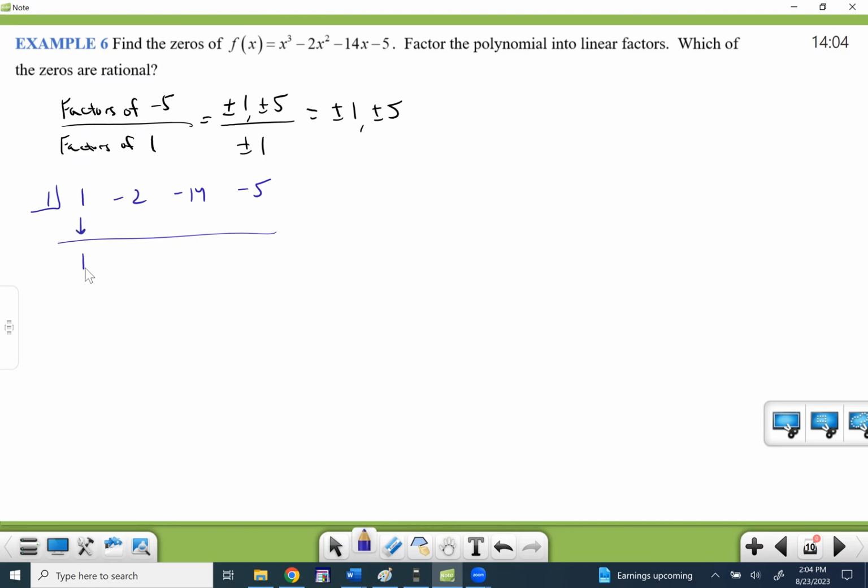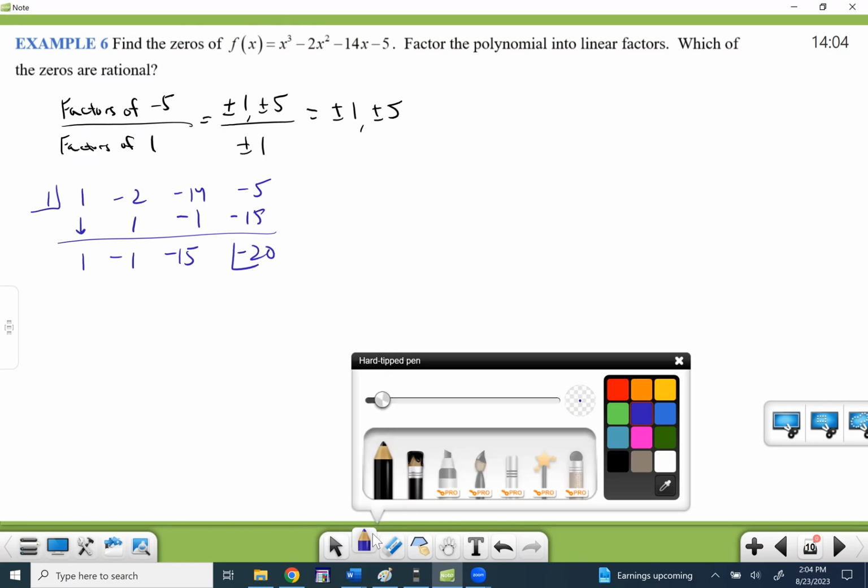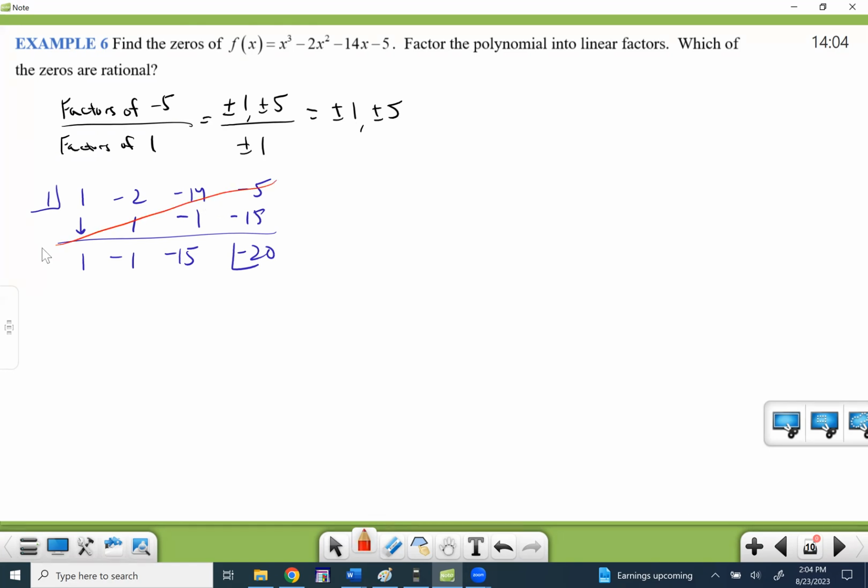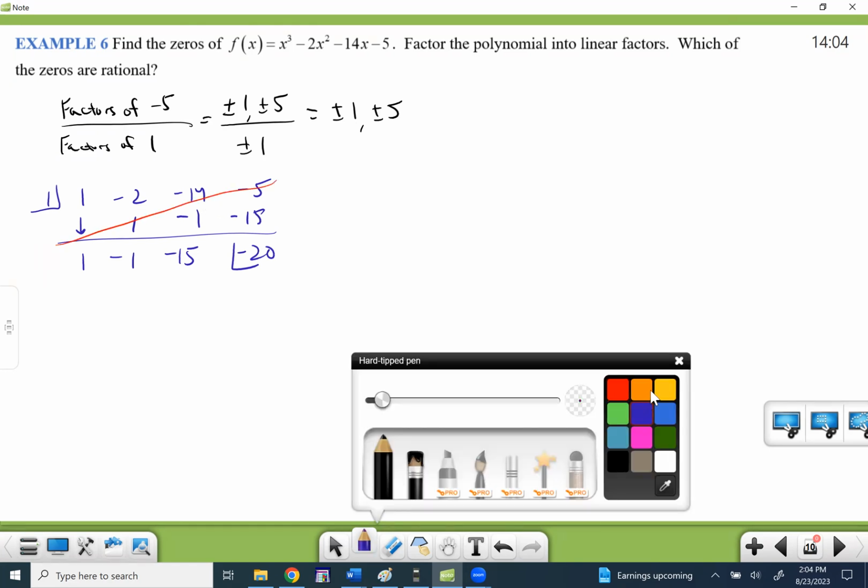All right, I'm going to bring down 1. 1 times 1 is 1. Add downward. 1 times -1 is -1. Add downward. And 1 times -15 is -15. We do not get a remainder of 0. Okay, so 1's not a zero.